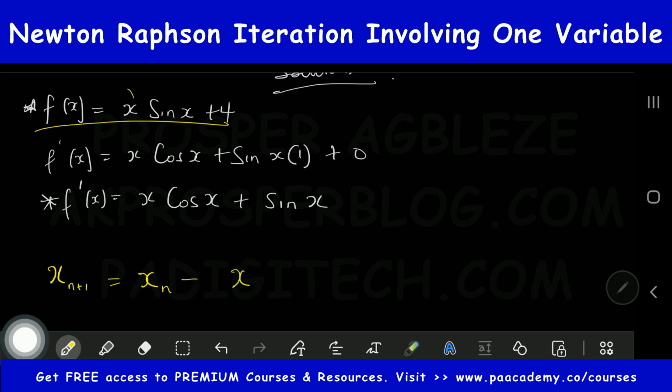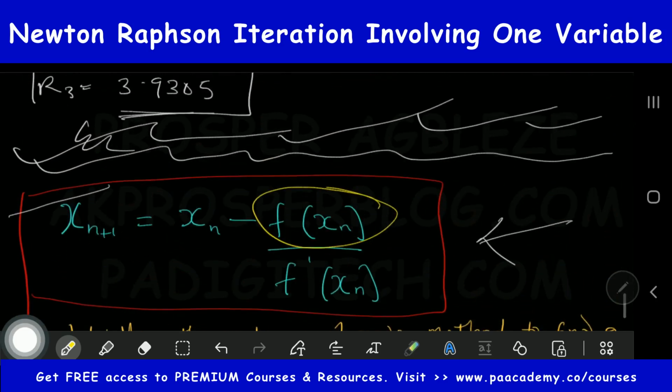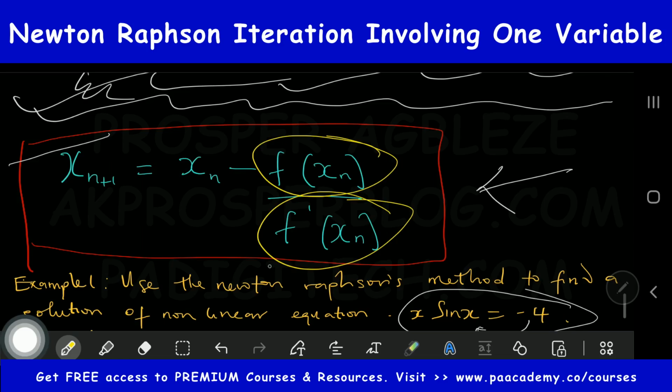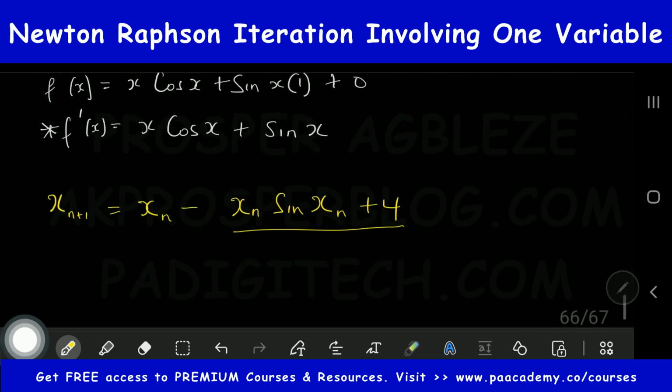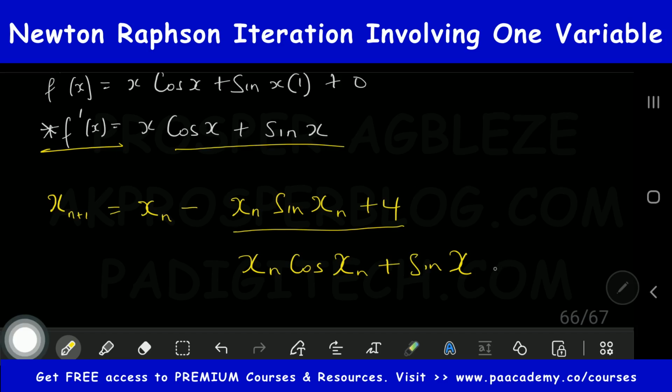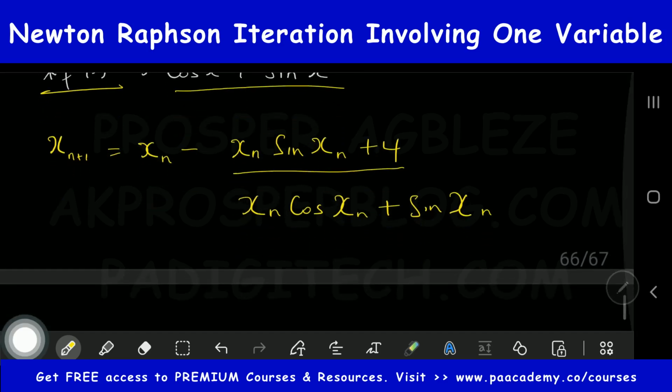So instead of this x, I'm representing it with x n: x n sine x n plus 4 over, let's go back to the formula again, f prime of x n. And this is our own f prime right here, so I'm going to be having x n cos x n plus sine x n. I hope it's making sense like that.